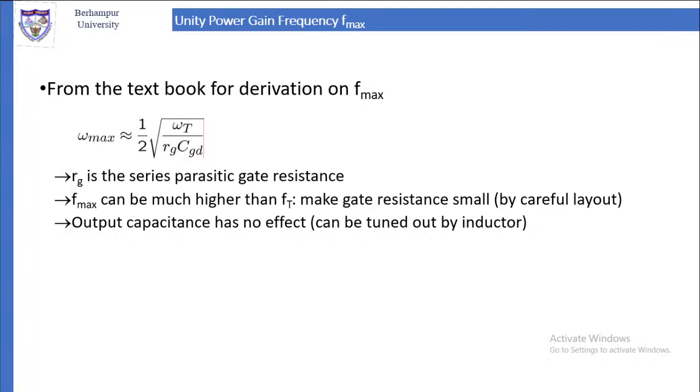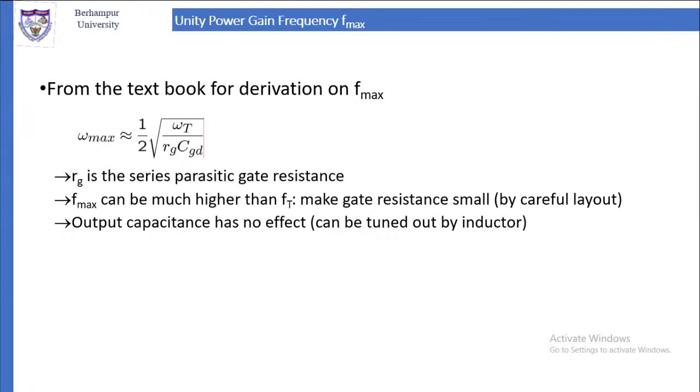Fmax can be much higher than Ft. This makes the gate resistance small. By proper careful layout of the circuit, when you design the MOS transistor, this can be made small. Output capacitance has no effect here.